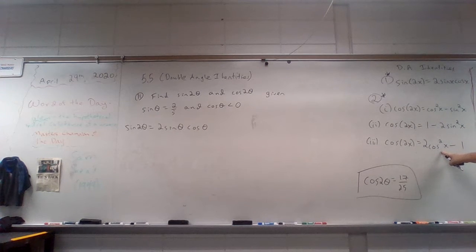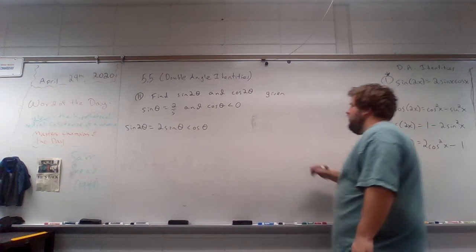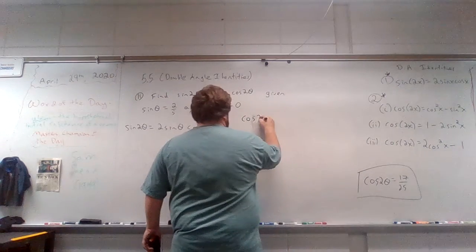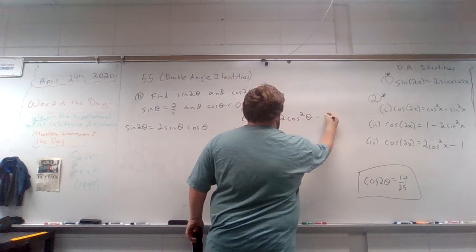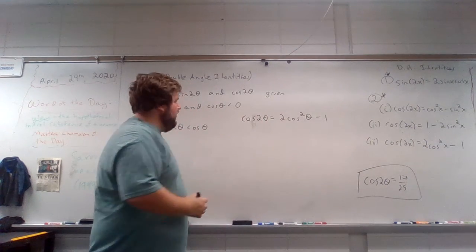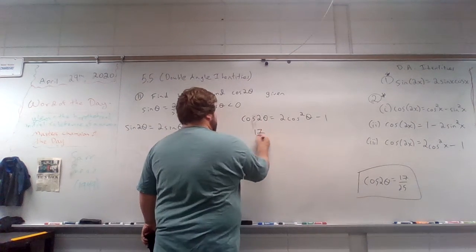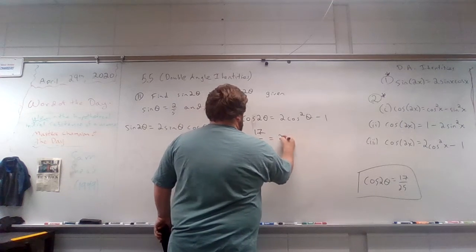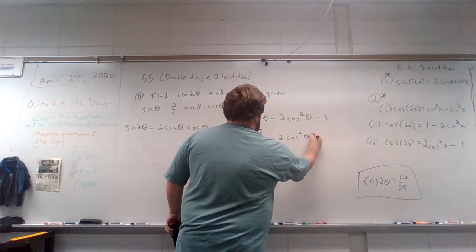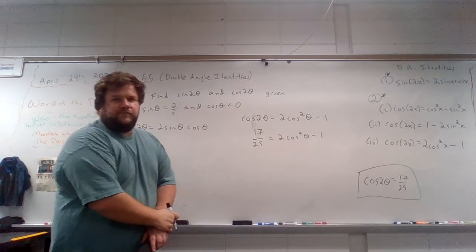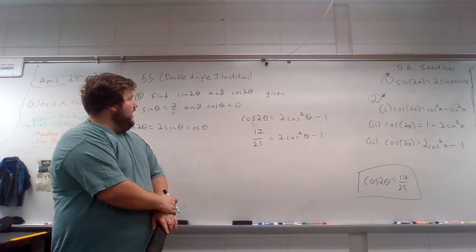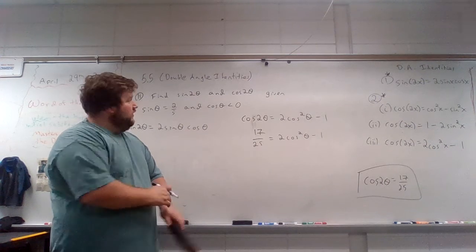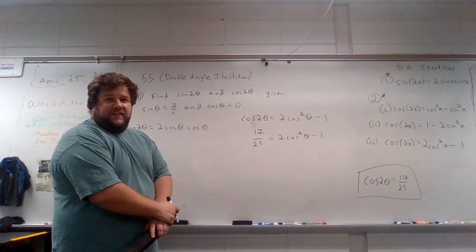This bottom one. So I know that the cosine of 2 theta is 2 cosine squared theta minus 1. And I know that the cosine of 2 theta is 17/25. So 17/25 is 2 cosine squared theta minus 1. Okay, so I go through that and I find cosine, keeping in mind that cosine's negative here.